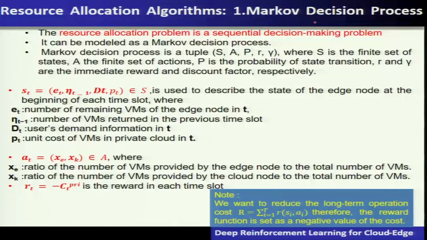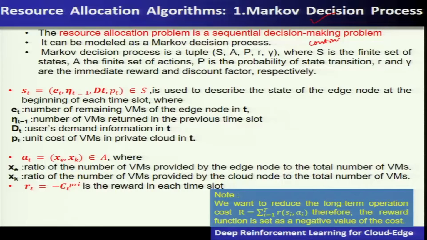Resource allocation algorithm formulation using Markov decision process. So the resource allocation problem is a sequential decision making problem. Now when it is a sequential decision making problem, that means the state space is continuous.